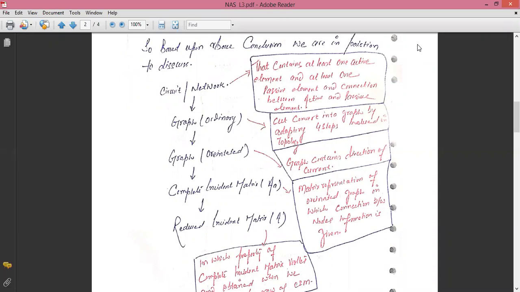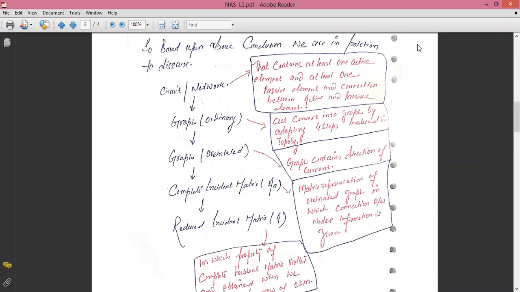Firstly, you can see a circuit or a network. I can write down that it contains at least one active element and at least one passive element, and there is a connection between active and passive elements. That means I had already told you in my first lecture that a circuit is defined as a connection or a scheme in which there is at least one active element present and at least one passive element is present.